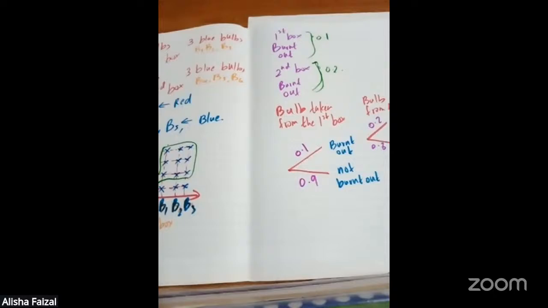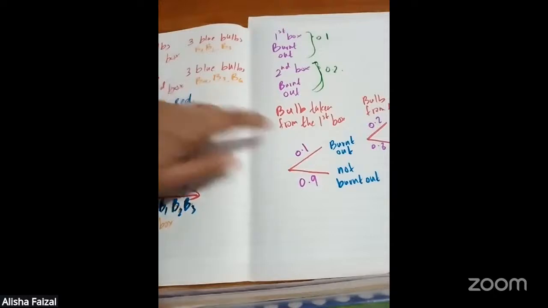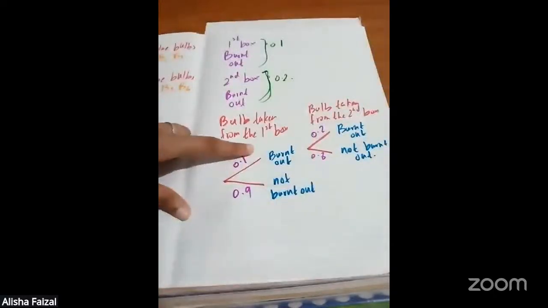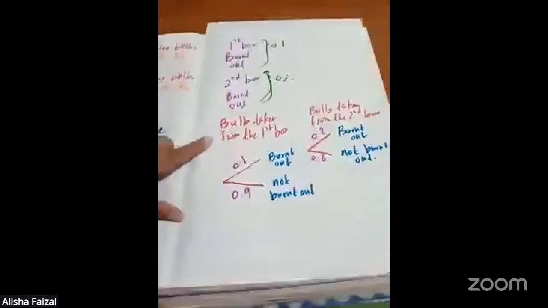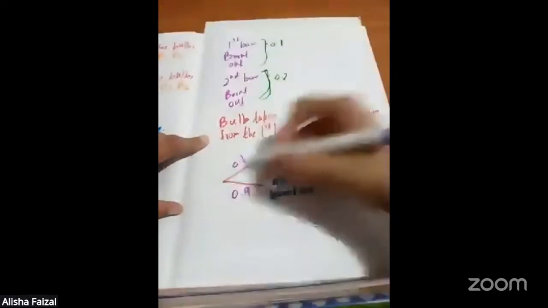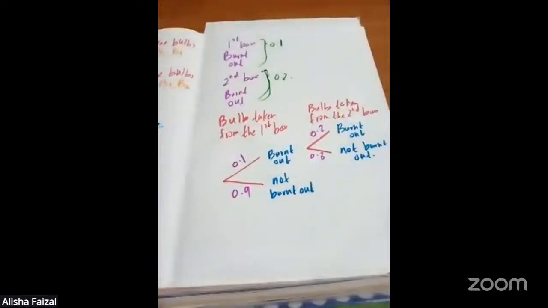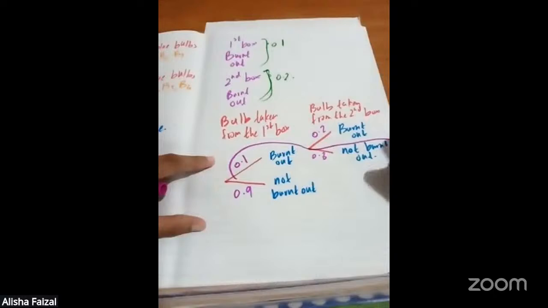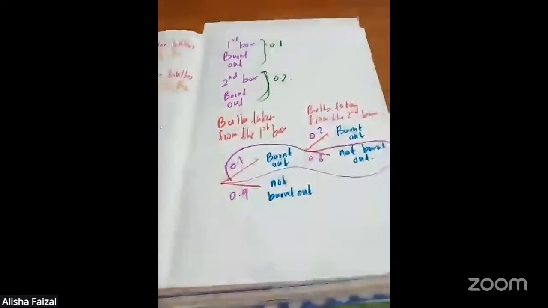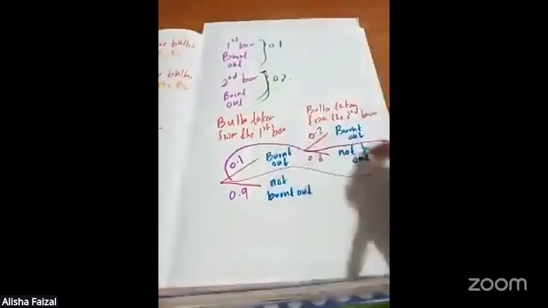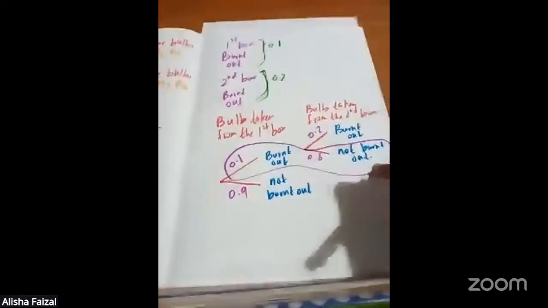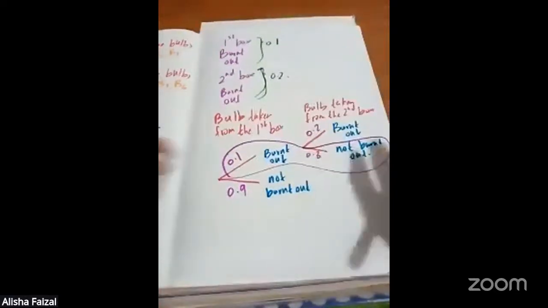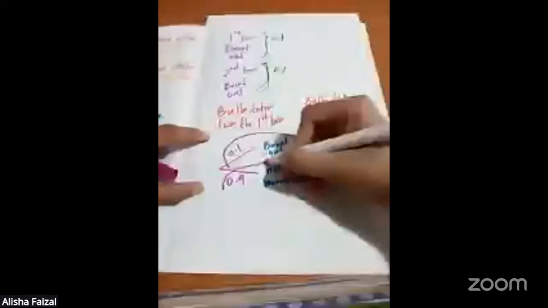Now, let's take the first bulb is burnt out, then he takes the second from the second box, so we have to circle this. This is a not burnt out bulb from here. Another place where we can get a not burnt out bulb is this one.